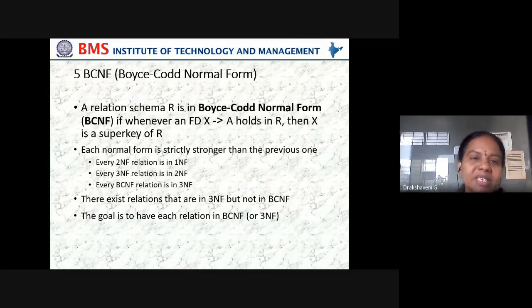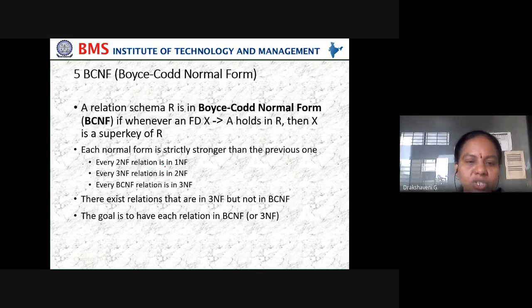What is BCNF? A relation schema R is in Boyce-Codd normal form, that is BCNF, if whenever a functional dependency X is functionally dependent on A holds in R, then X is a super key of R. Each normal form is strictly stronger than the previous one.